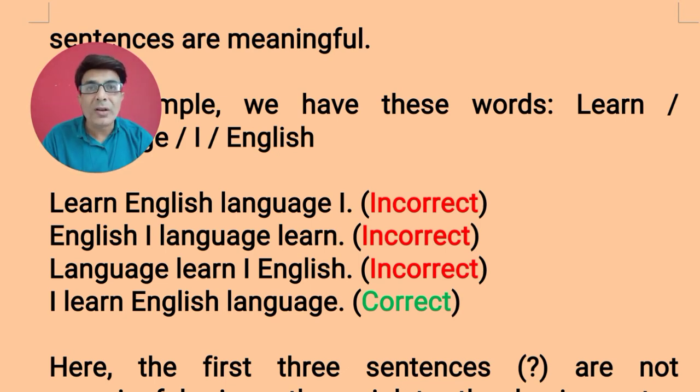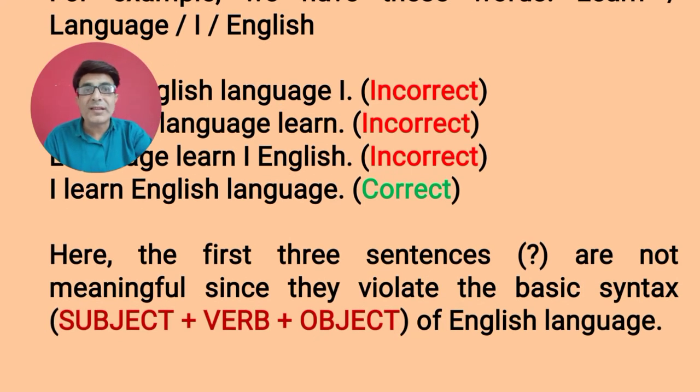Why? Because in this sentence we have followed the syntax, the structure of sentence in English. What is the structure of sentence? The structure of a sentence, of a meaningful sentence in English language, is subject, verb and object.